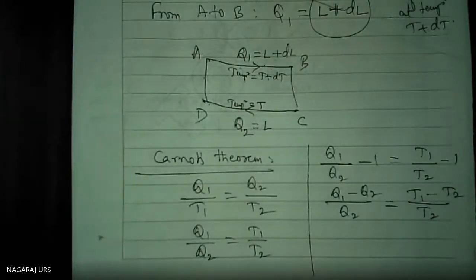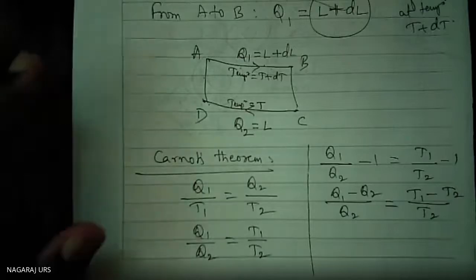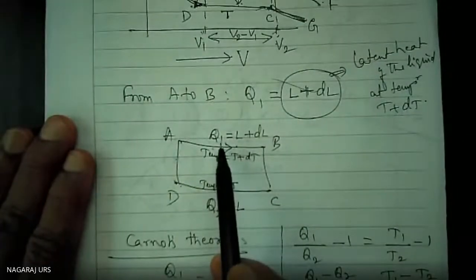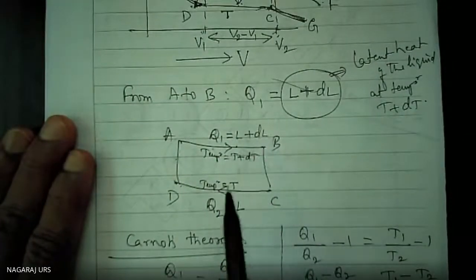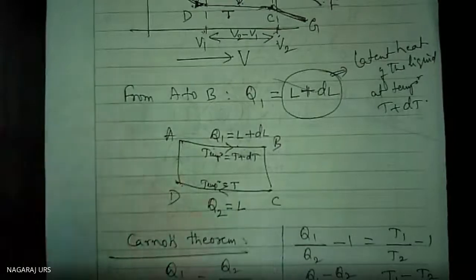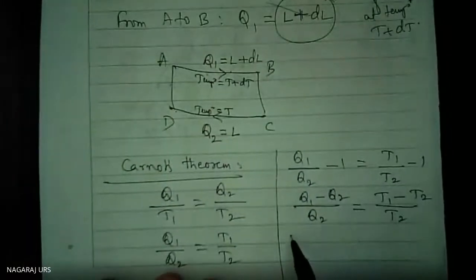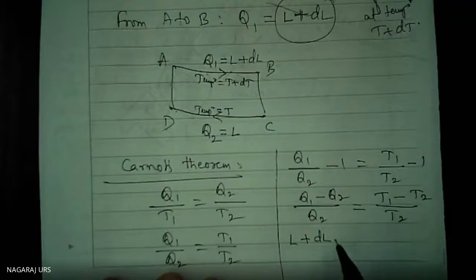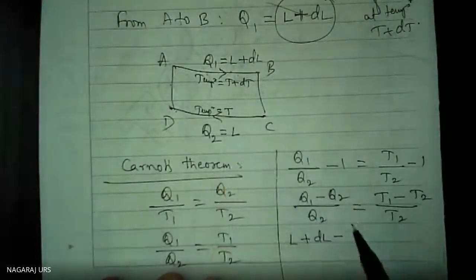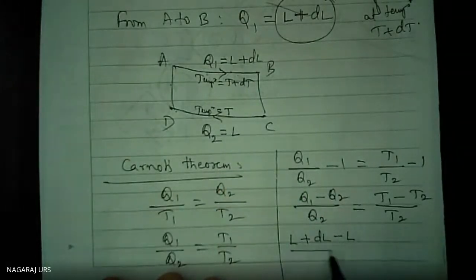Now we are going to substitute for Q1. You know already about Q1. Q1 is equal to how much? L plus DL. Q2 is equal to how much? L. So Q1 minus Q2 is L plus DL minus L. Simple derivation. Q2 is L only.